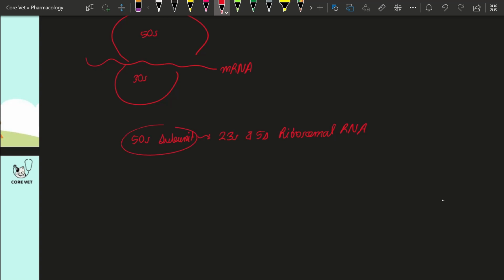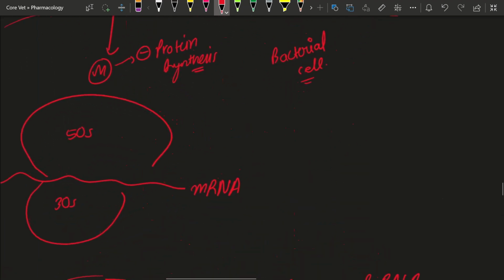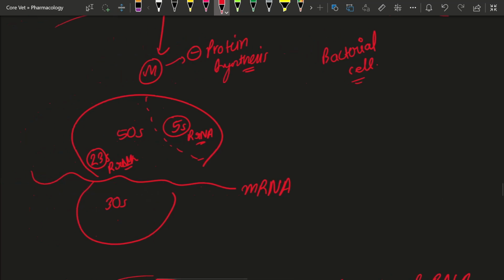The 50S subunit of the ribosomal complex is formed by the 23S ribosomal RNA and the 5S ribosomal RNA. Now this macrolide is going to attach where?